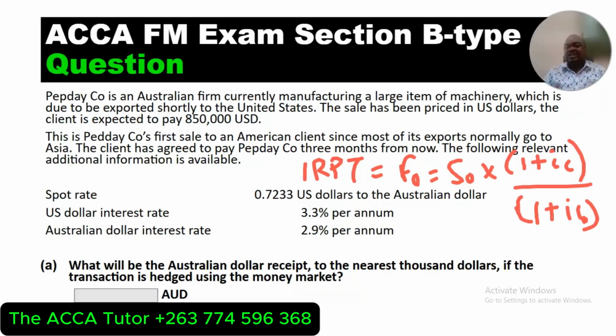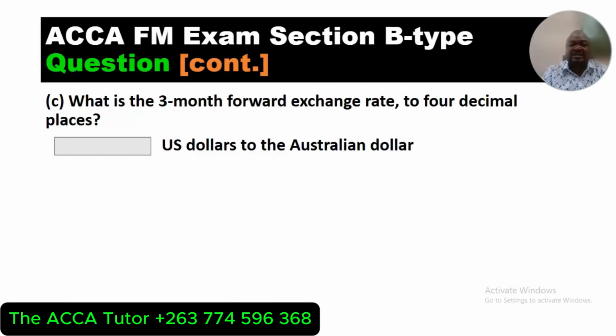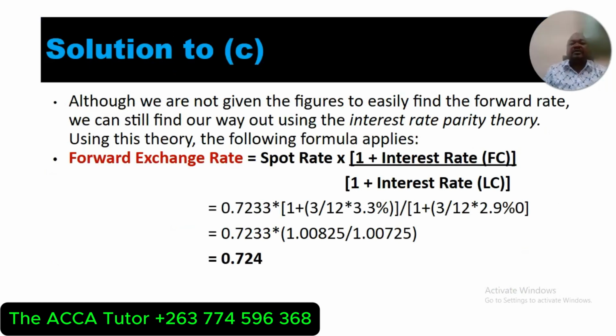So that's the adjustment. For example, the foreign country here is the US, that's the IC rate, and this one, that's the IB rate. And the spot rate is given as this one, our S0. So if you slot in those figures, I'm sure you are going to be in the right direction, as you can see there.